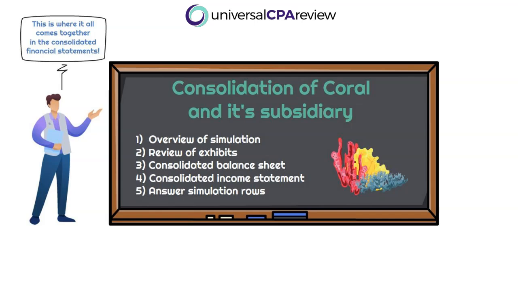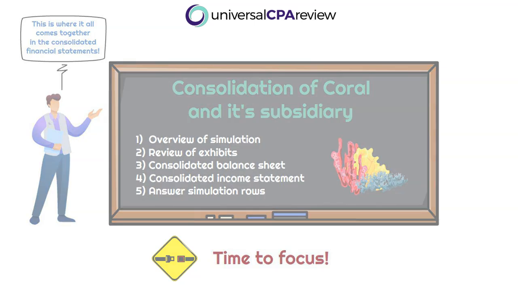Now, this is a very difficult simulation because we will have to prepare a consolidated balance sheet and income statement to answer the simulation. So before we get started, we're going to read through the instructions, and then we're going to review the exhibits so that we know what information we have, and then we'll prepare the consolidated balance sheet and income statement. And at the very end, we'll go through and answer the simulation rows, right? So strap in because this is a very important topic and it's going to be difficult, but by the end of it, you'll be a master of this topic.